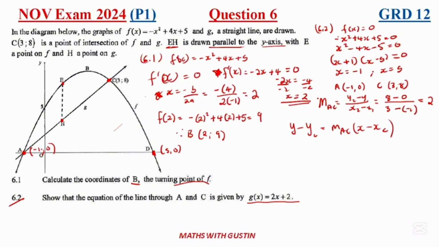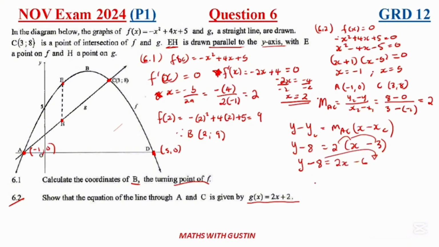If you want to use the other point, you need to be 100% sure that what you did is correct. Okay, so now we can come here and say, okay, y minus y at C, which is 8, is equal to the gradient 2 times x minus x at C, which is 3. Therefore you can take the 8 to that side. y minus 8 is equal to, removing the bracket, 2x minus 6. Then take the 8 that side.